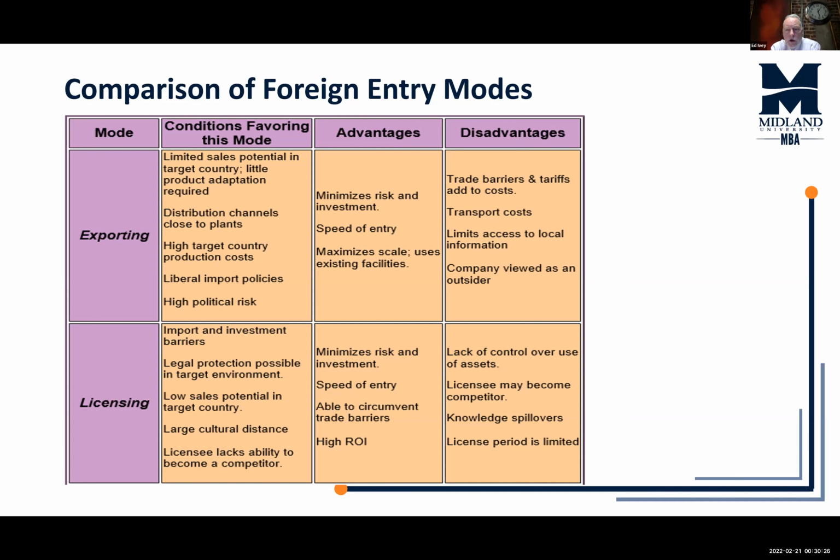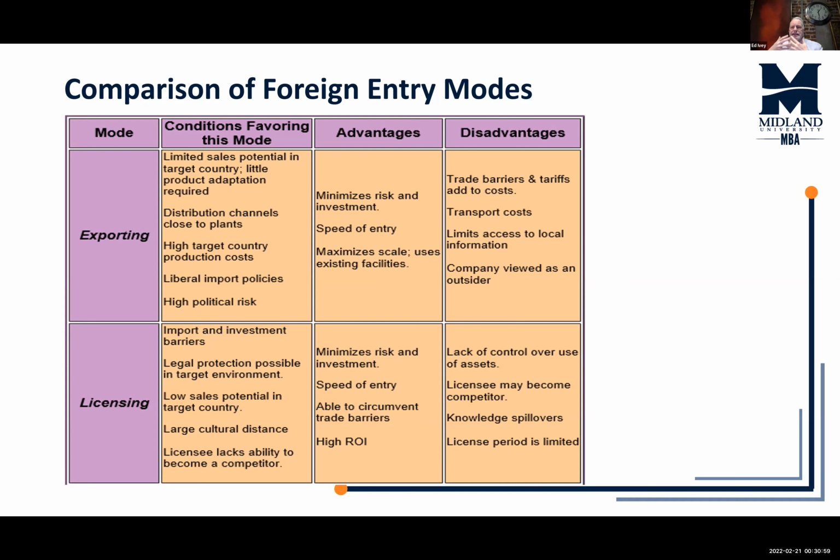If there is a large cultural difference or distance, what does that mean? It's when the two countries are very, very different in cultural ideas, what is accepted in one culture as opposed to another, or what are the types of foods that are eaten in one, or what is the type of dress that is worn in one, or what is the type of work ethic that is more prevalent in one than the other.